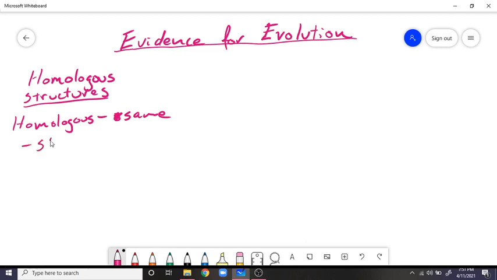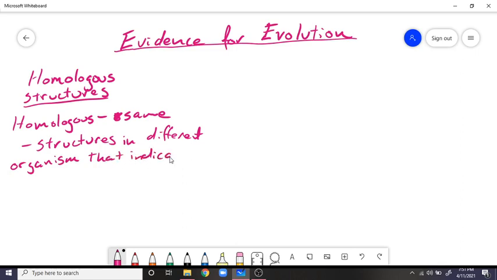So these are structures in different organisms that indicate a shared ancestry. What exactly does that mean?